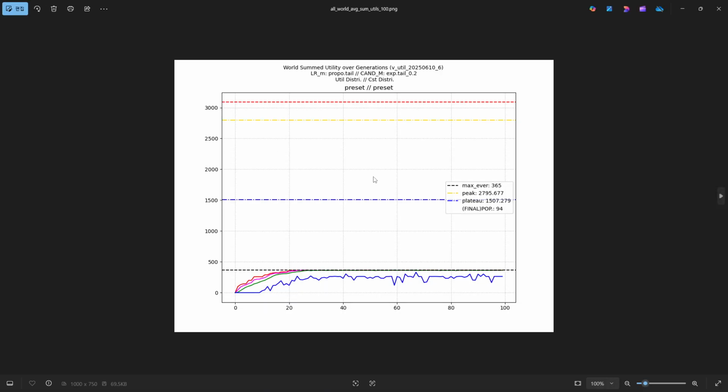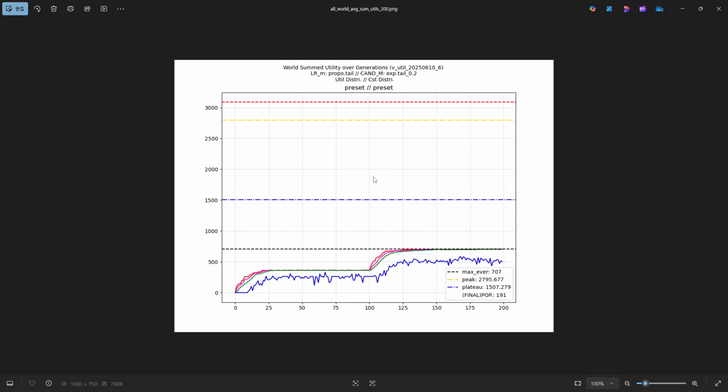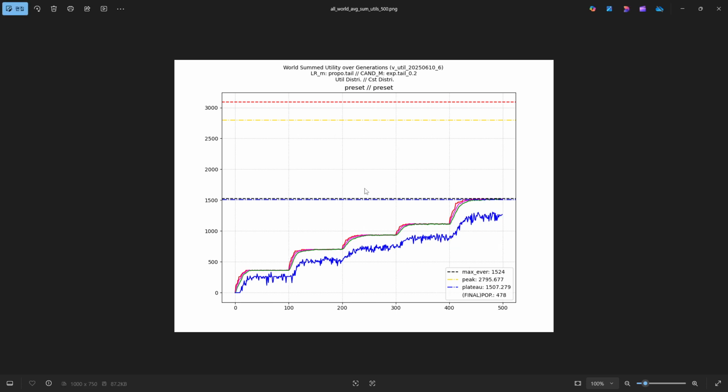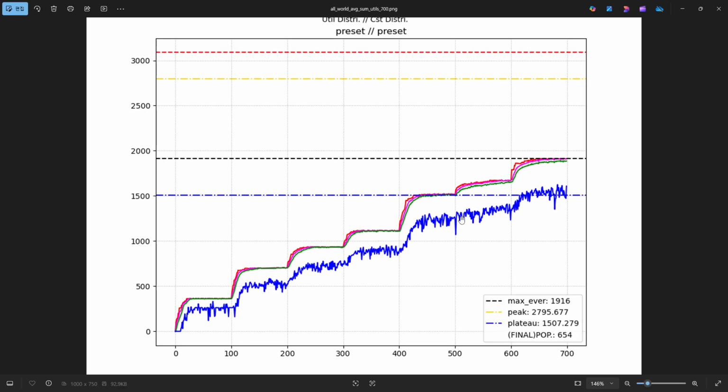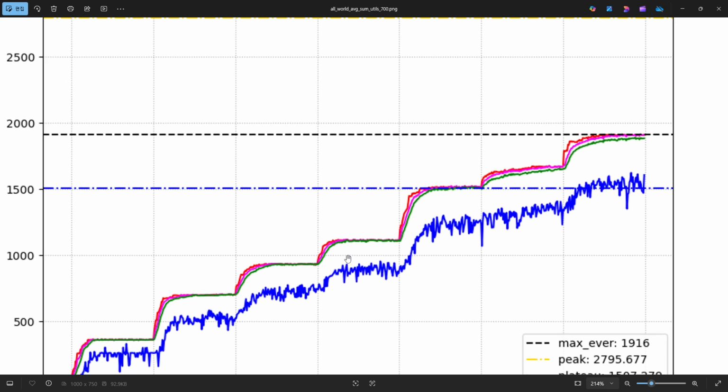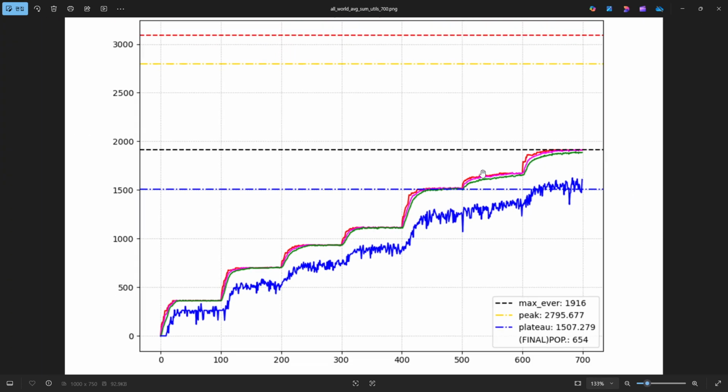So before finding that out, let's go to the sum utility plot to see if we still got the steps or the staircase. We do, and the surfaces of these steps would kind of be less than smooth, but that's because of the fluctuating values.